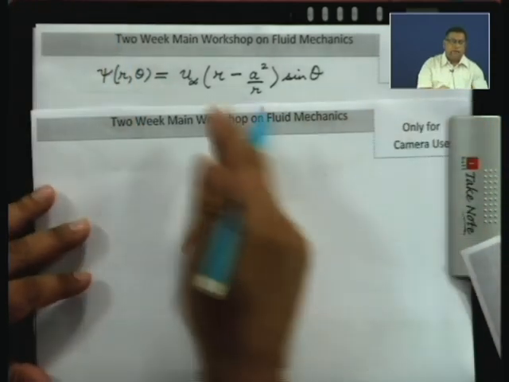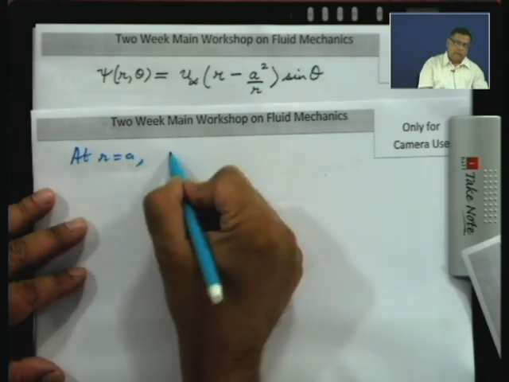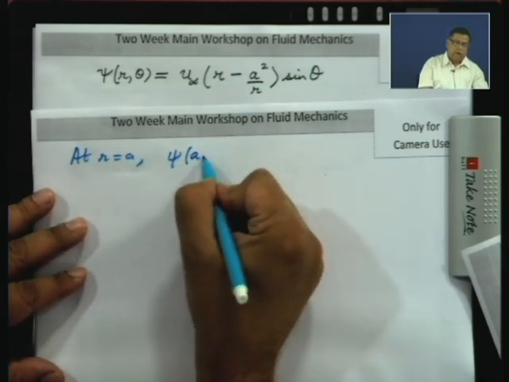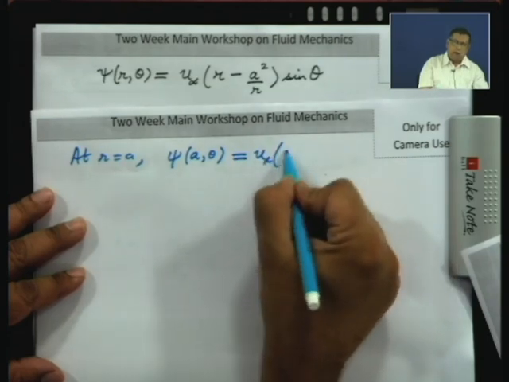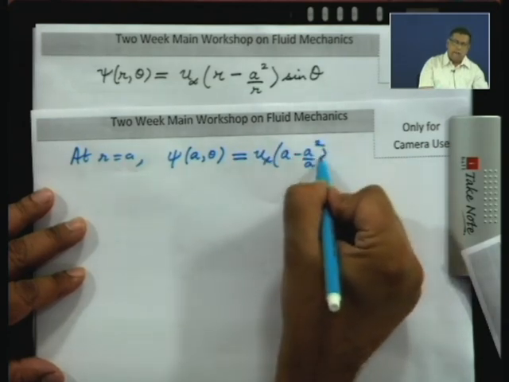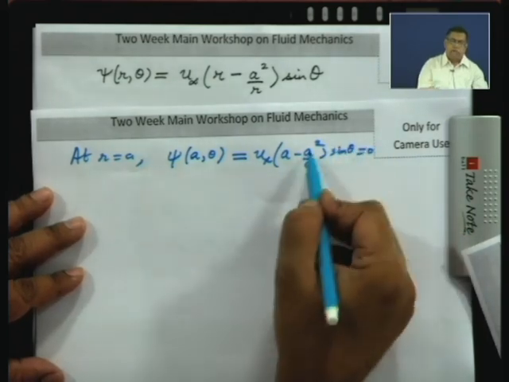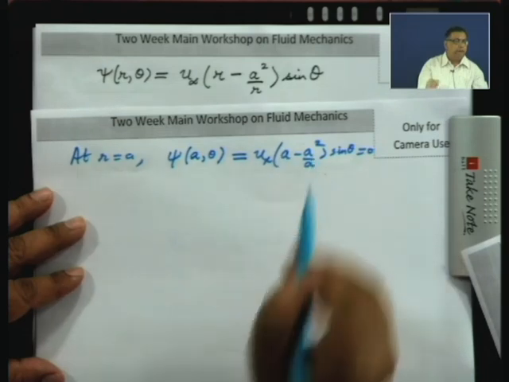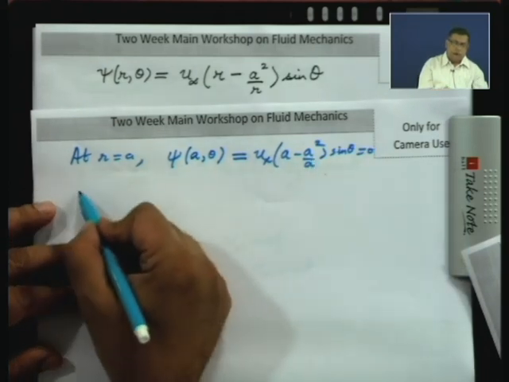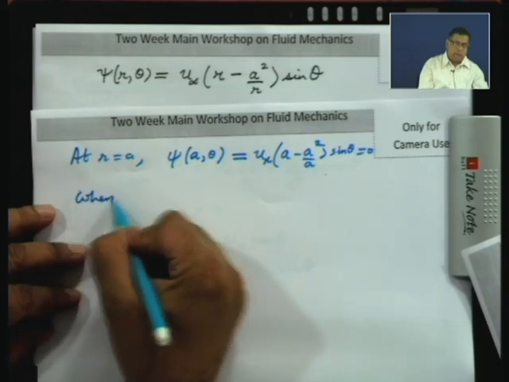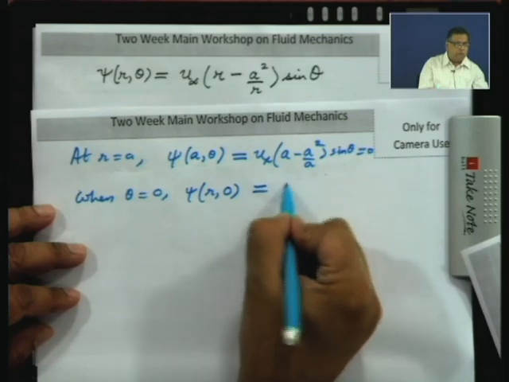You can see that if you put r equal to a, your psi of a comma theta will be u infinity a minus a square by a sin theta, which is 0 for all theta, because this is a minus a. Now, you can see that when theta is equal to 0, psi of r comma 0 is 0.